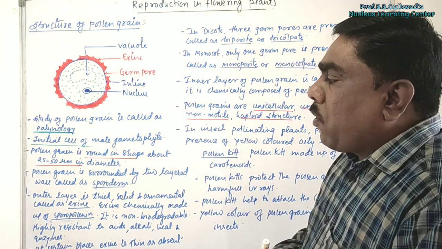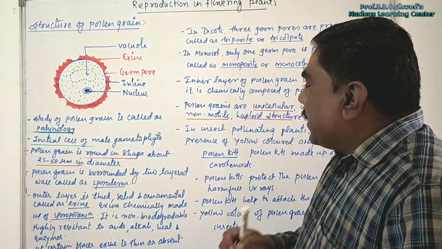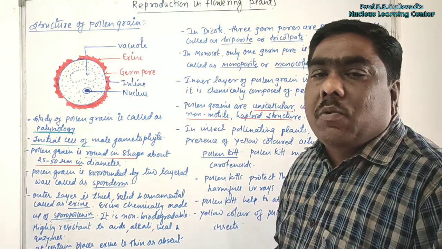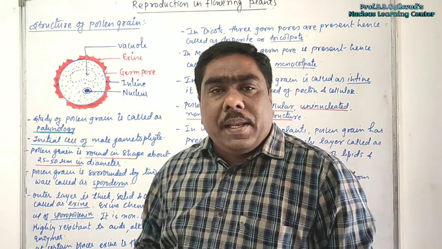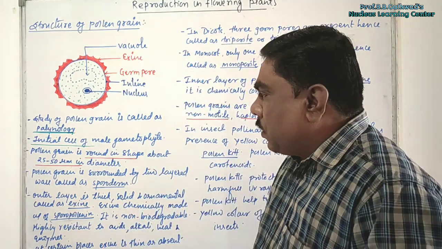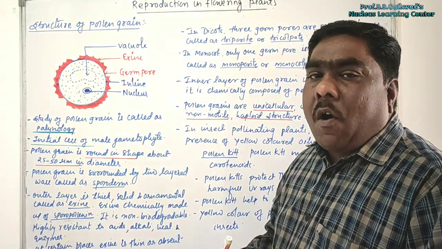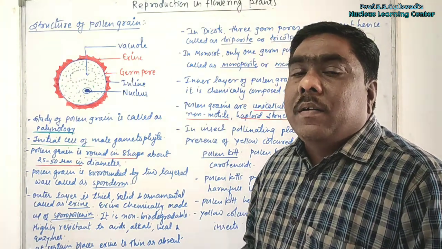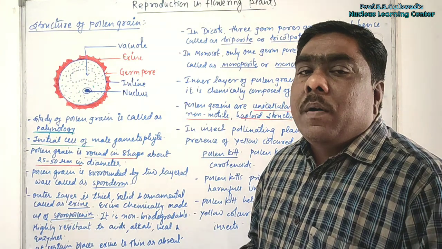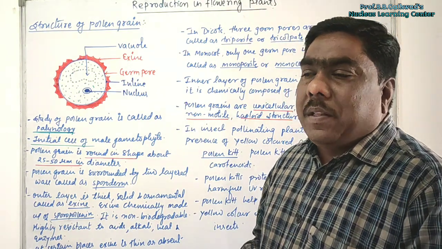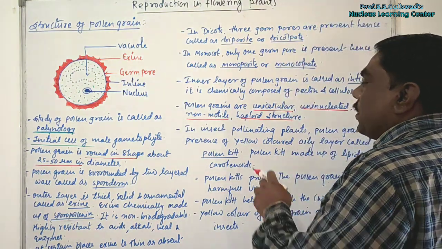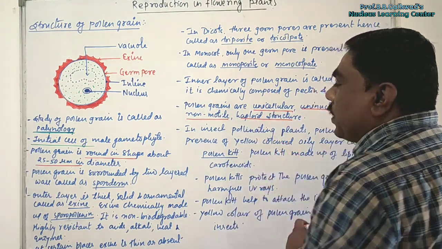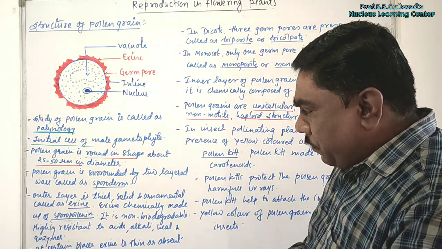So the next point you have to remember is that pollen grain is a unicellular, uninucleated, non-motile haploid structure, because this structure is formed inside the pollen sac by the meiotic division of microspore mother cell. Okay, so got this?